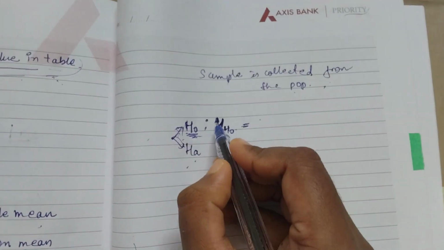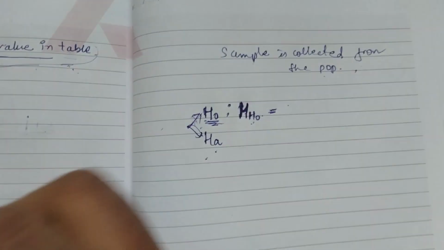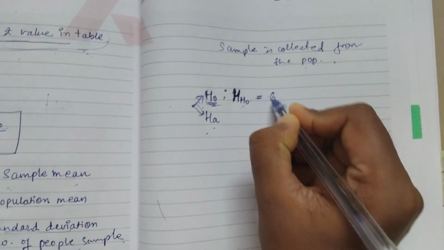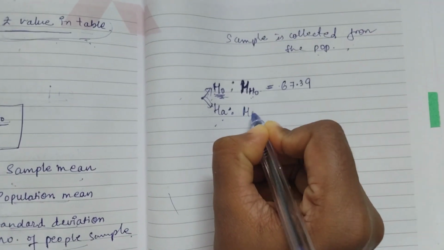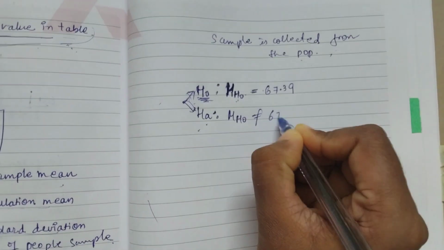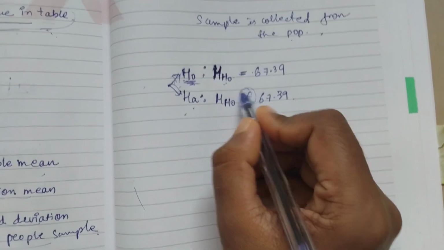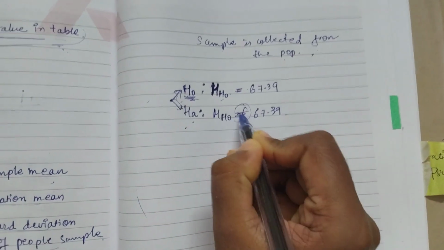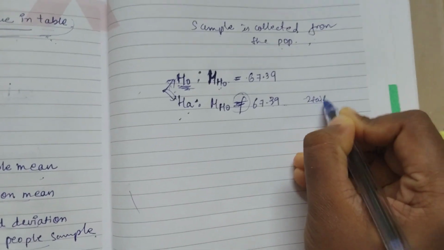H naught says that the sample is taken from the population whose mean is 67.39, and the alternative is that the mean of the population is not 67.39. As we know, when we put this sign, not equal to, it is a two-tail test.